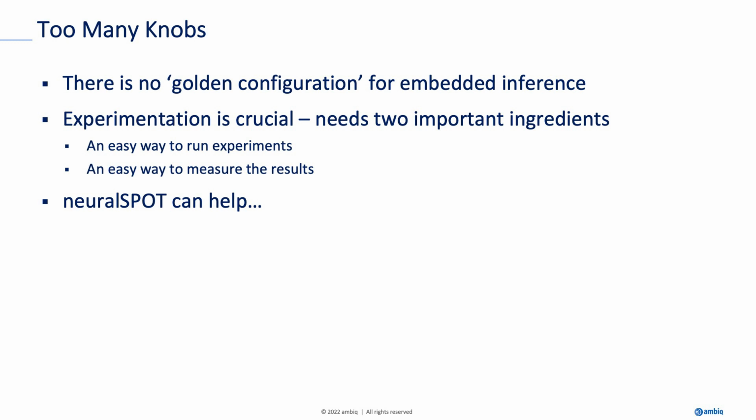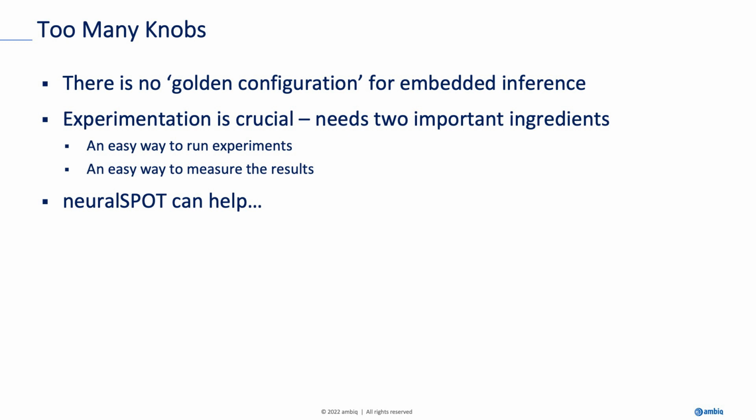To run an experiment efficiently, you really need a way to set it up that doesn't involve a lot of coding, so a good framework for experimenting. And then you need a way to measure the impact of that experiment. In our world, we use an energy monitor like a Joulescope or something similar. So how do you talk to the Joulescope to make sure that you're marking the important parts of the measurement?